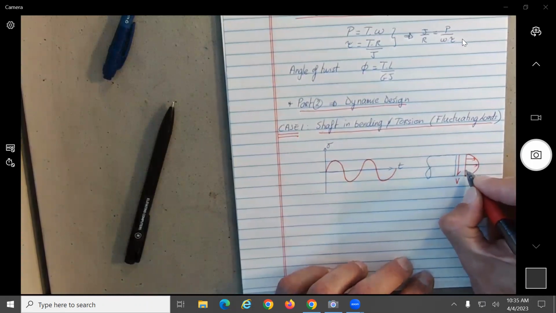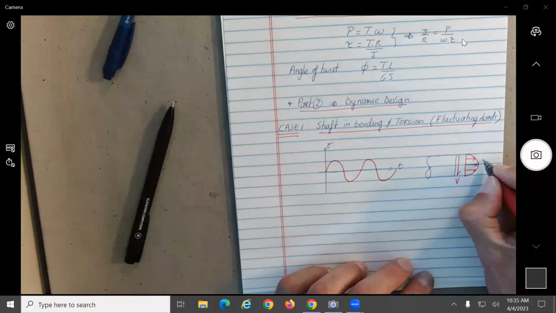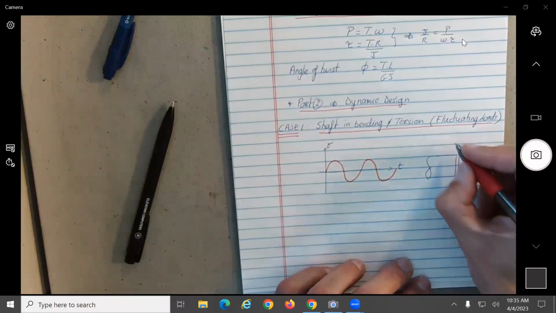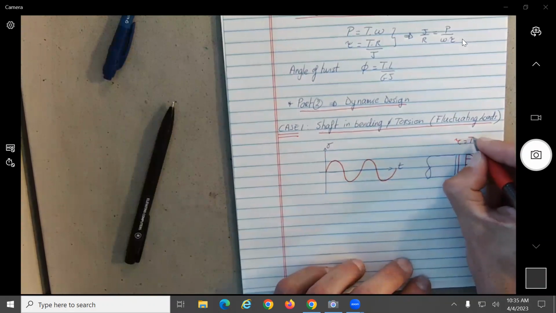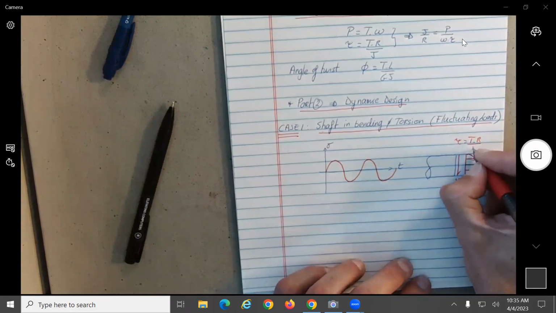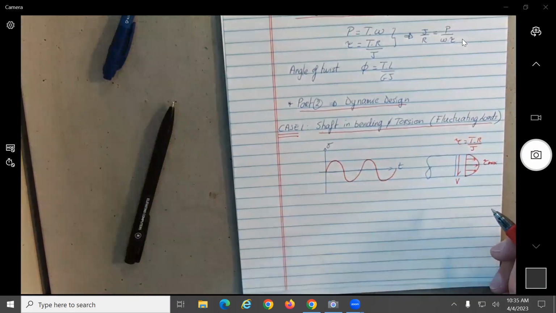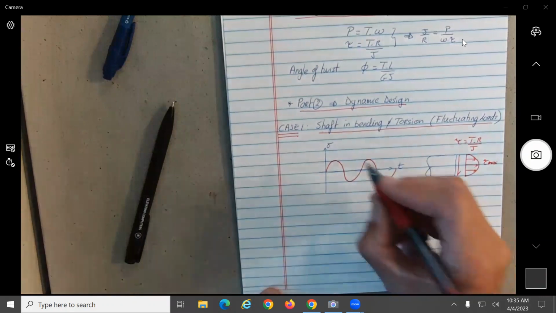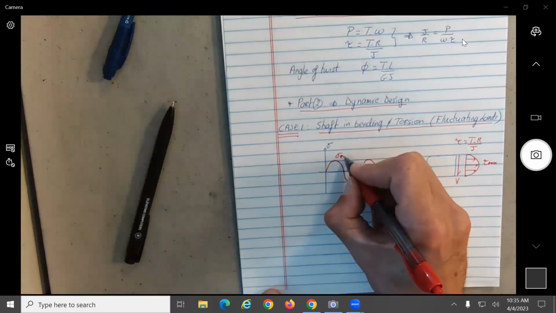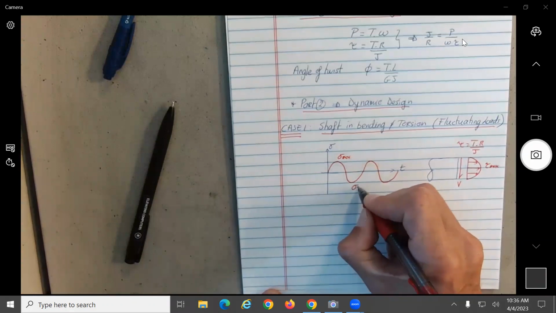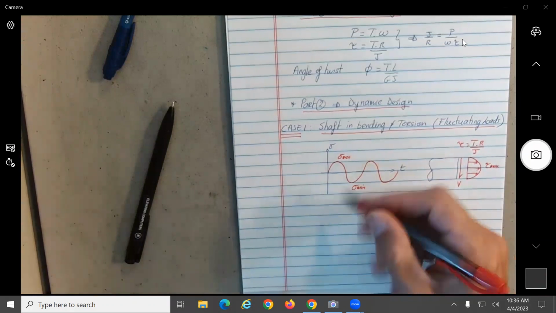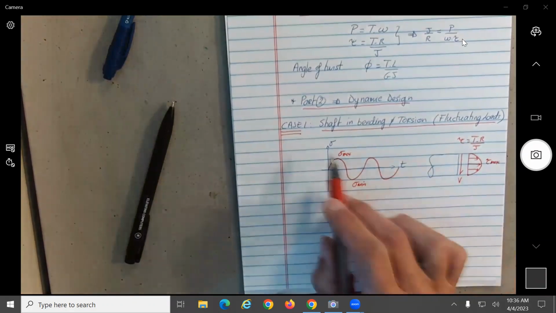You remember the maximum should be at the middle, no? Right here is just due to torque. So this will be due to torque, and now this should be due to bending. So bending and torsion.